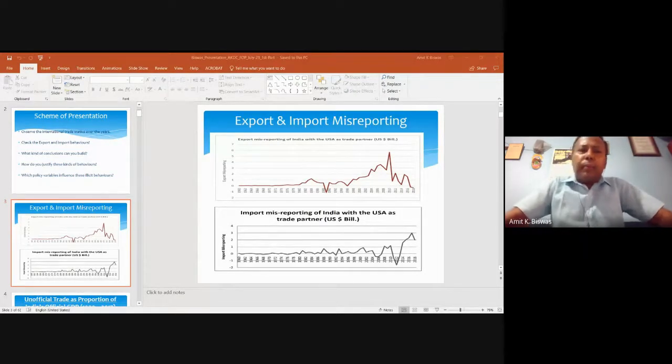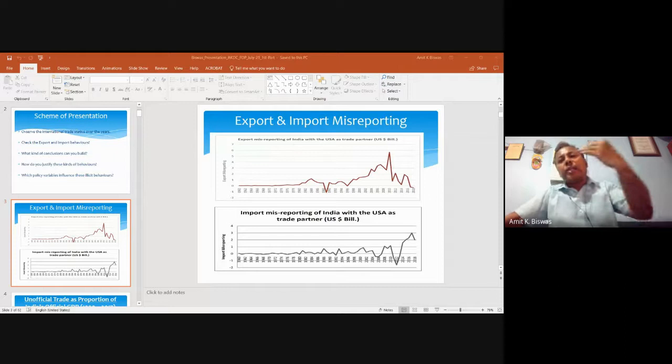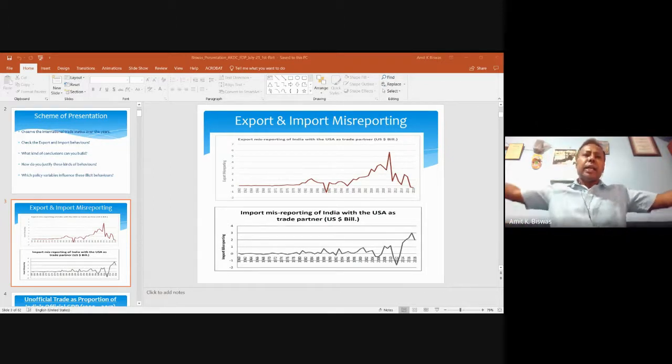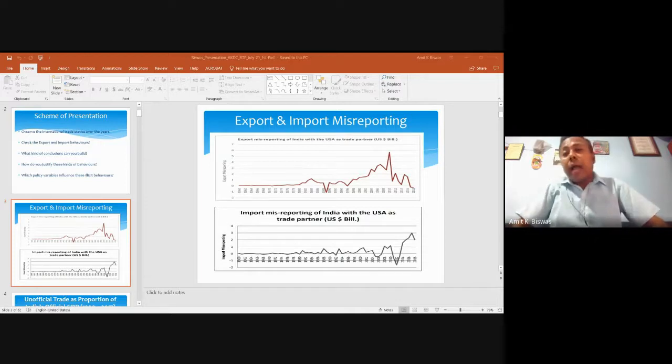And export reaching from, say, Bombay port to New York port or New Jersey port, it's a huge distance, so we have to take care of transport cost. We call it the cost of insurance and freight, because some of the cost might be for protecting the goods.